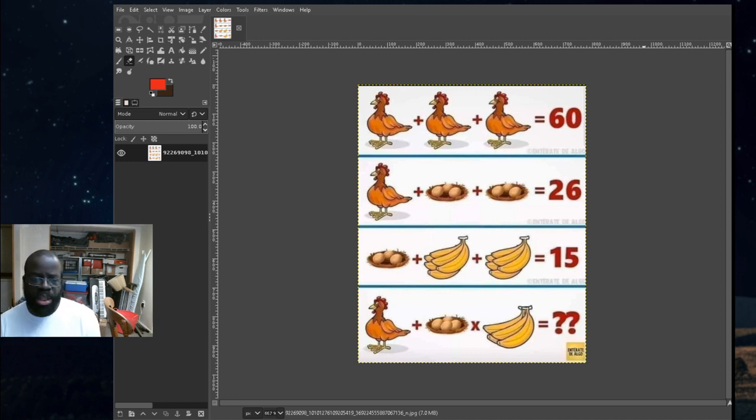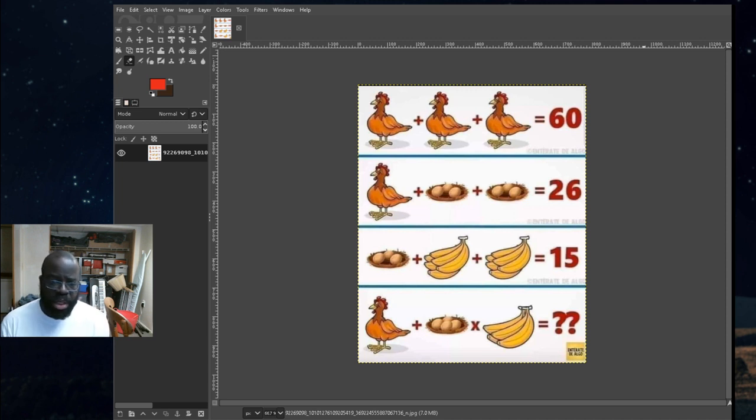Our next line gives us the equation that a chicken plus a basket of 3 eggs plus a basket of 3 eggs equals 26. Again, we take away the 20 from the chicken, that leaves us with 6, and we establish the value of a basket of 3 eggs is equal to 3.